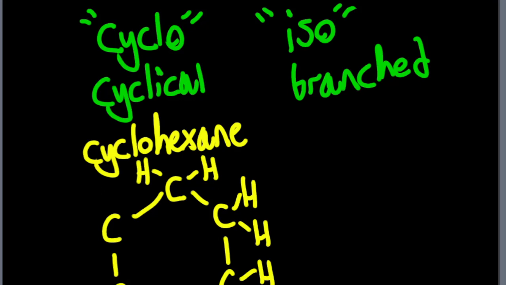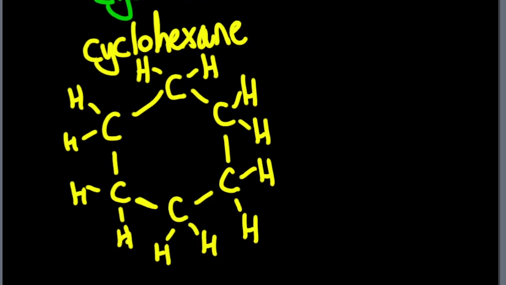Carbon has to have 4 bonds. It doesn't matter how it gets them. So that is cyclohexane. And my formula for this is going to be C6H12, which does not follow the general formula for straight chain alkanes because this is not a straight chain alkane. This is a cyclic alkane.